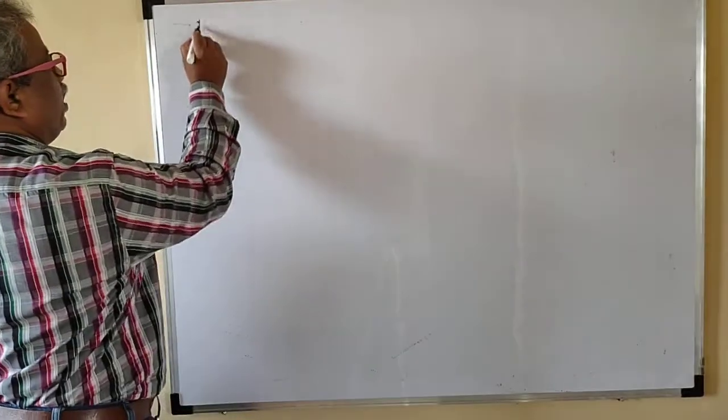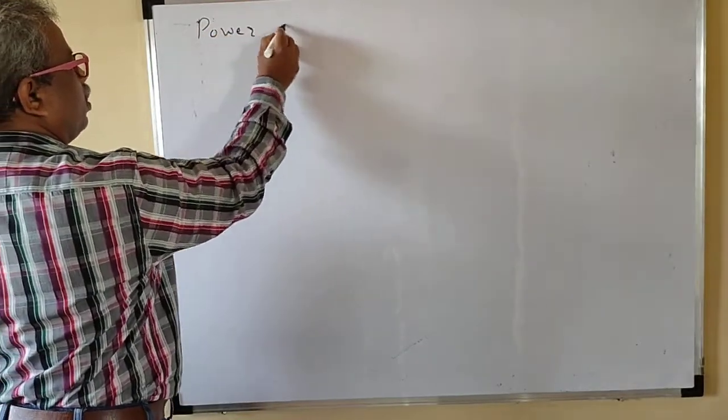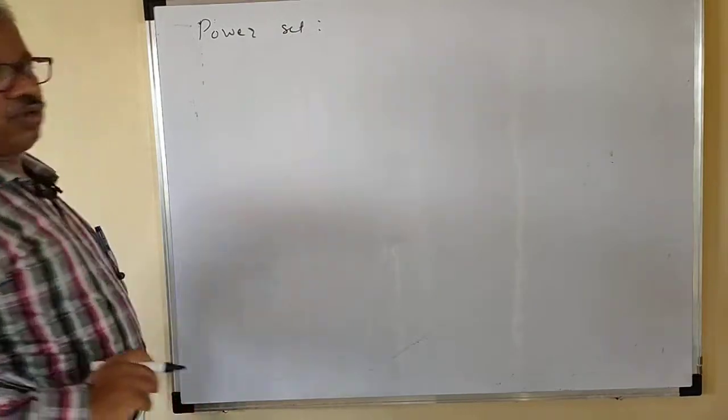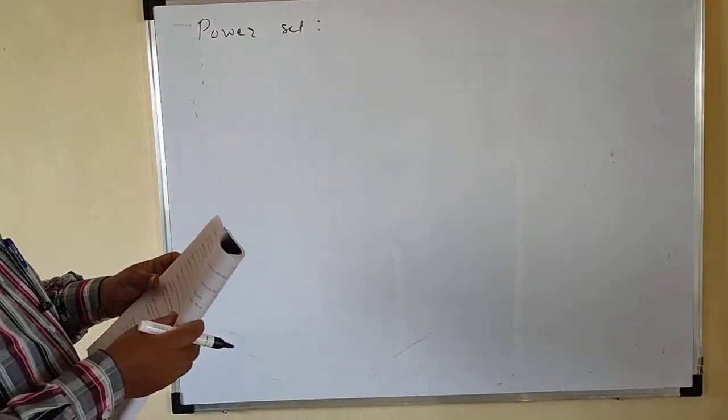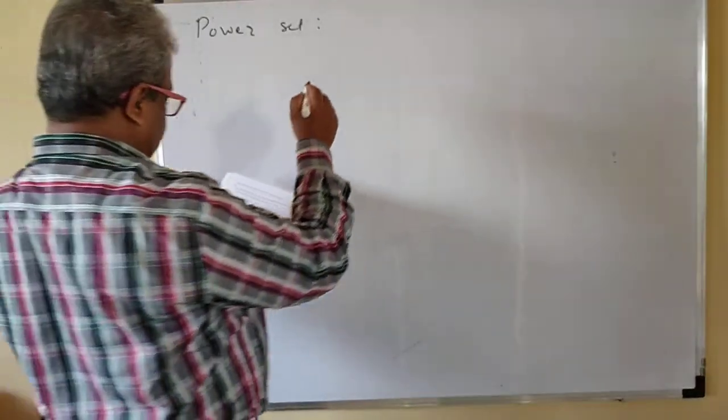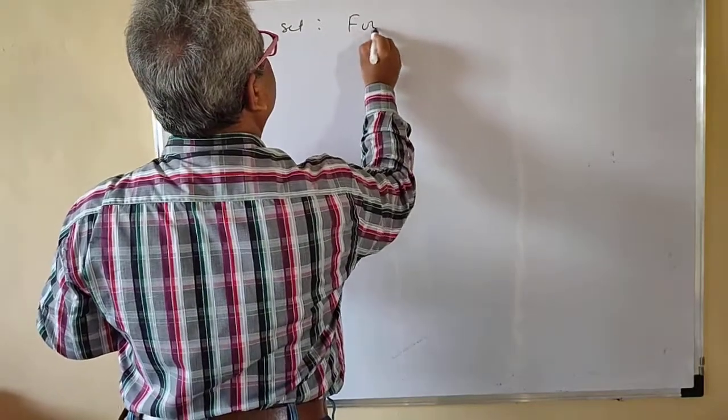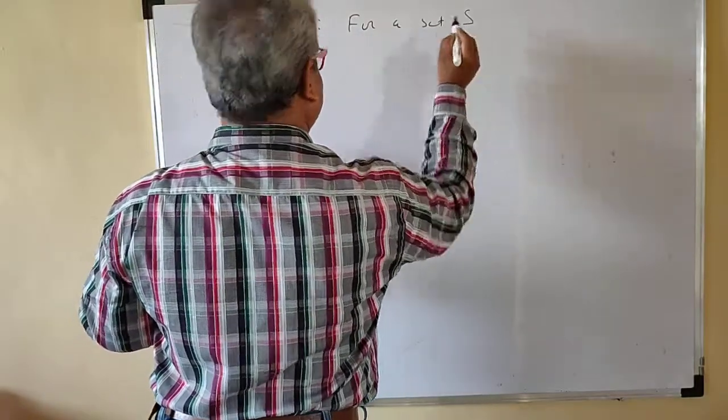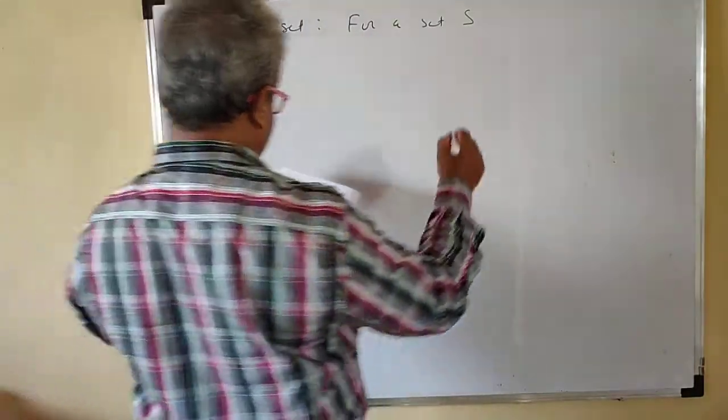Now the main topic is what? Power set. What do we mean by power set? So we write a definition of power set. For a set S, sets are always denoted by capital letters.